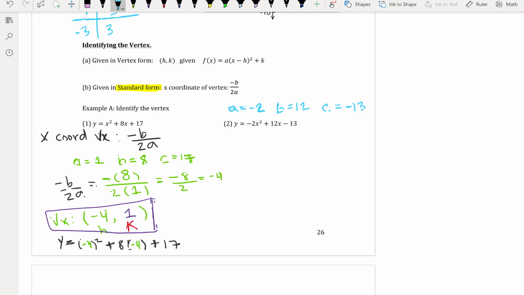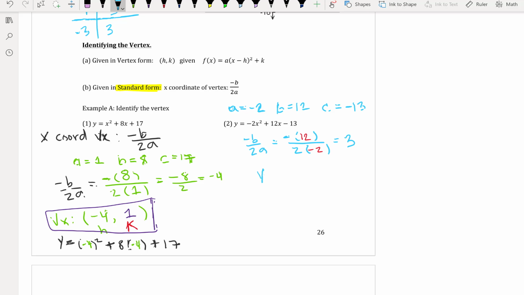Okay, so the x-coordinate of the vertex, I know that's -b over 2a. So I'm going to have a negative, I'm going to plug in my b value, 2, plug in my a value. So here, my b value is 12, and my a value is -2. So I am going to have as a fraction, -12 divided by 2 times -2, and that's going to give me +3 when I plug it into my calculator.